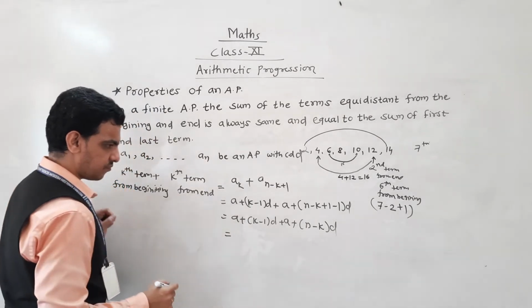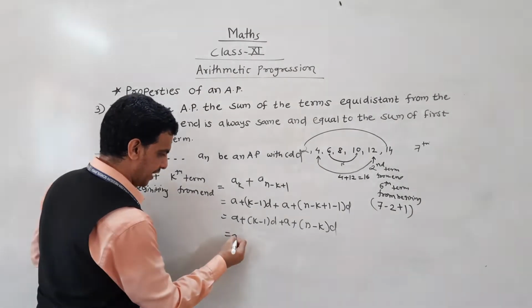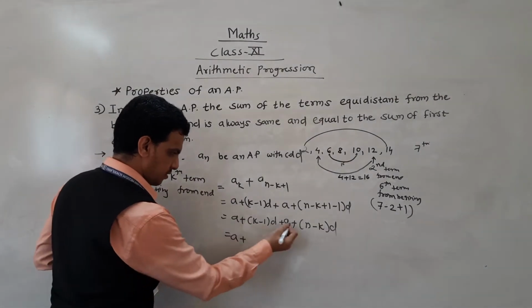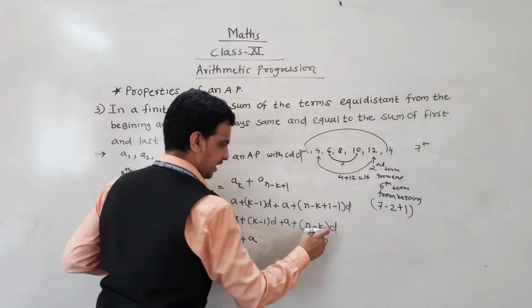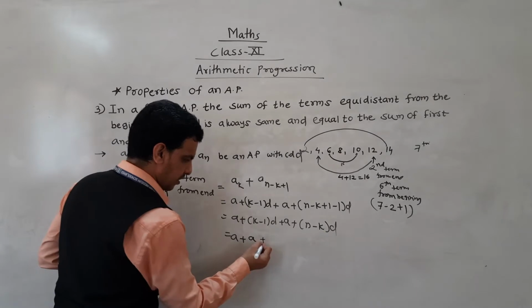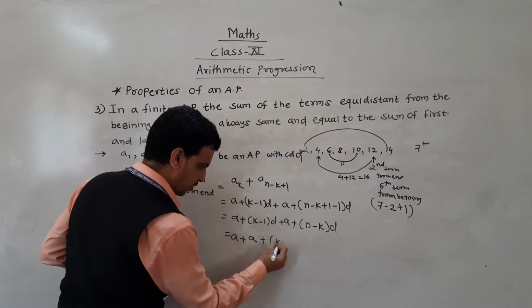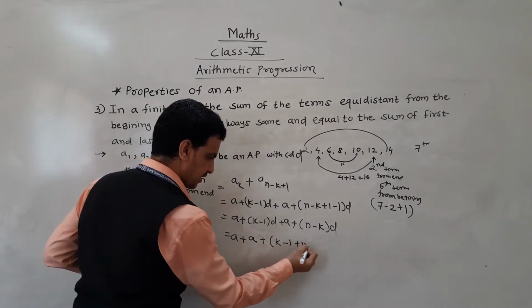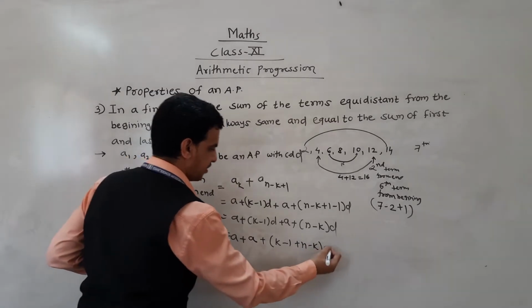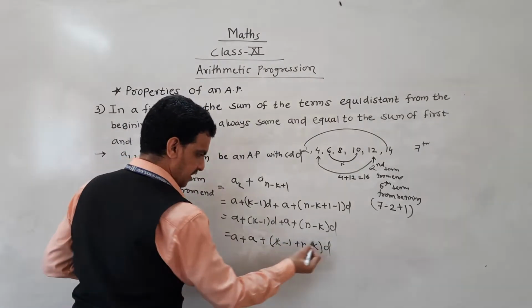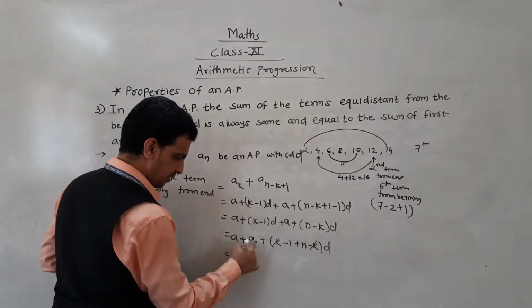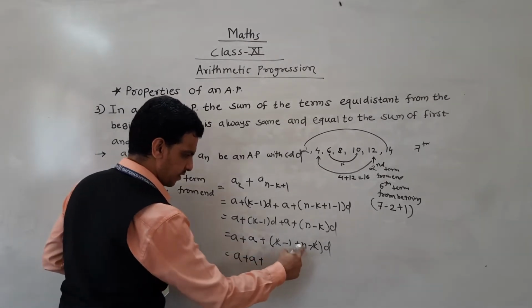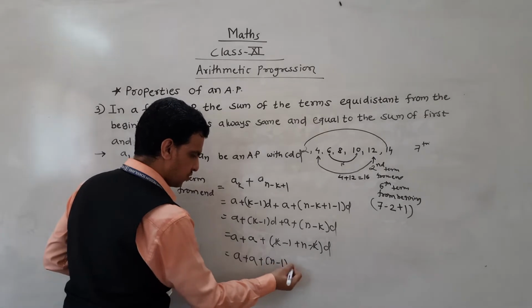Okay, so a, this a I am keeping as it is, plus (k minus 1) into d and (n minus k) into d. If we take d common, what remains? (k minus 1 plus n minus k) into d. Here the plus k minus k cancel, so a plus a as it is, plus (n minus 1) into d.